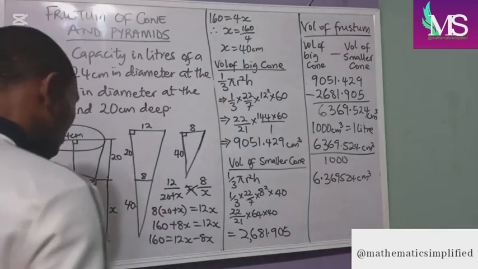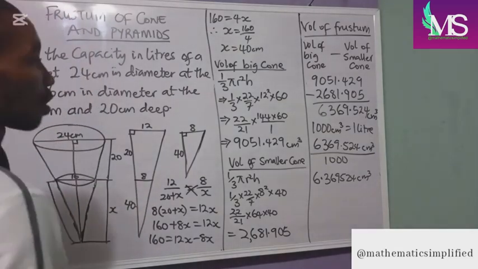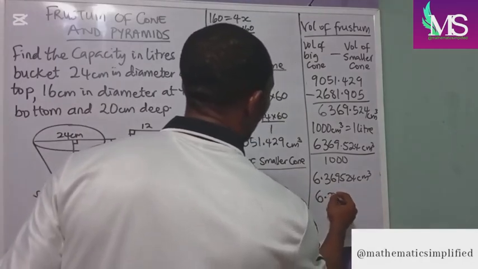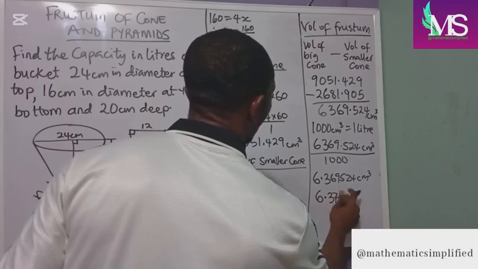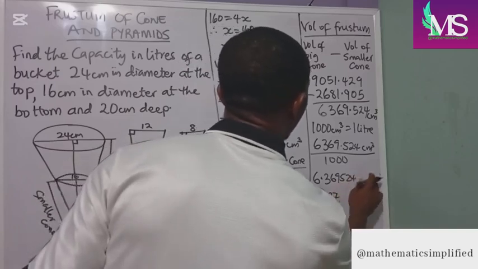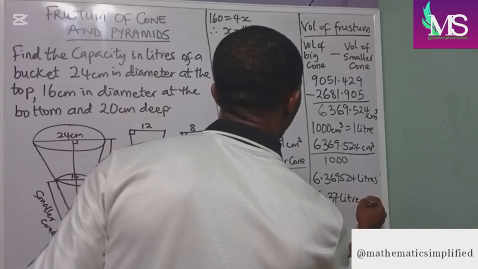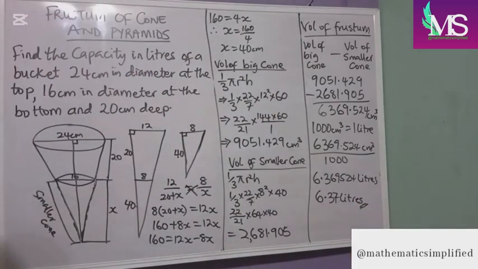So to the nearest three significant figures, it will become 6.37 liters. Now we've been able to calculate the volume of our frustrum, which is the volume of the bucket which we are asked to calculate.